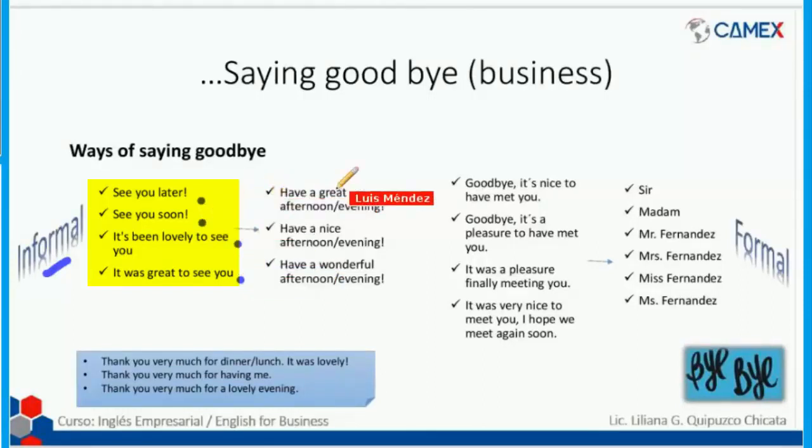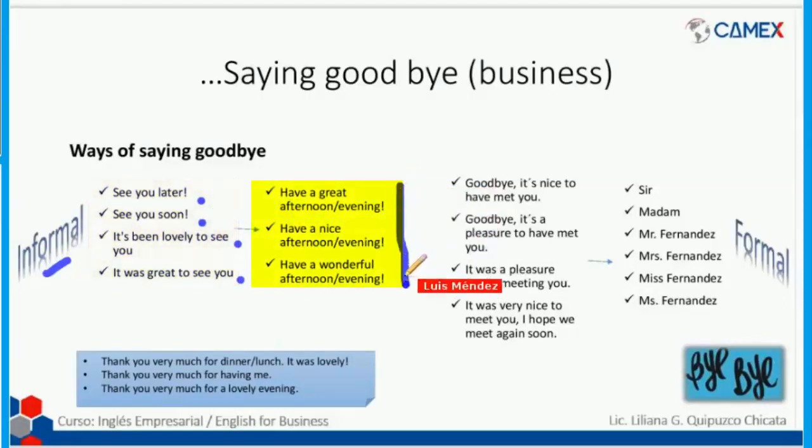And after this, you can say these other options. There are have a great afternoon, or have a great evening, or have a great morning. It is like after you say see you soon, or it's lovely to see you. Another could be have a nice afternoon.